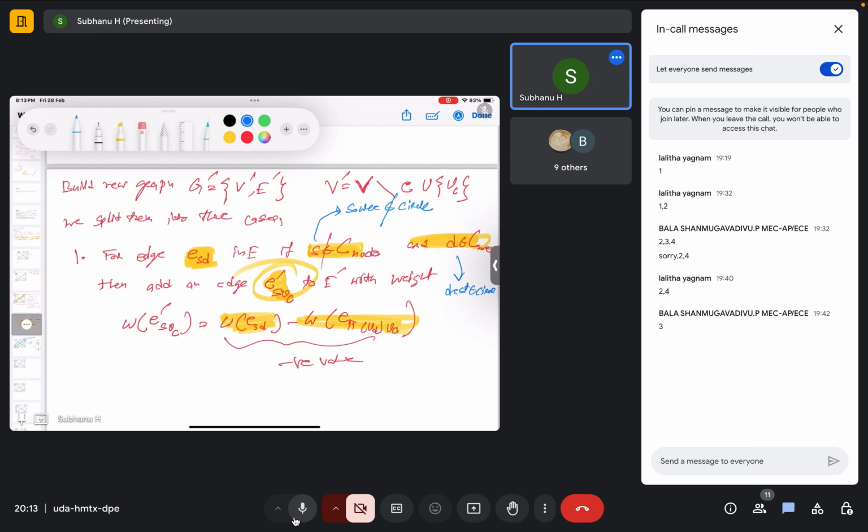To specify, for each node U in V, there is an edge between U and VC if and only if there is an edge between U and any node B in C. So how is this calculated?